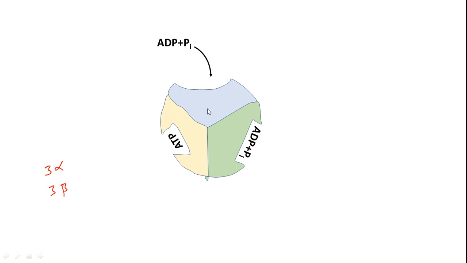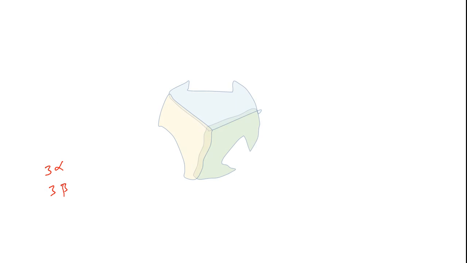And as the protons are moving in, immediately what will happen? The first unit becomes loosely bound state. The second unit has squeezed the ADP and inorganic phosphate to obtain ATP. And from the third protein, the ATP that has been synthesized already is released, so that the receptor pocket has now gone back to open state.